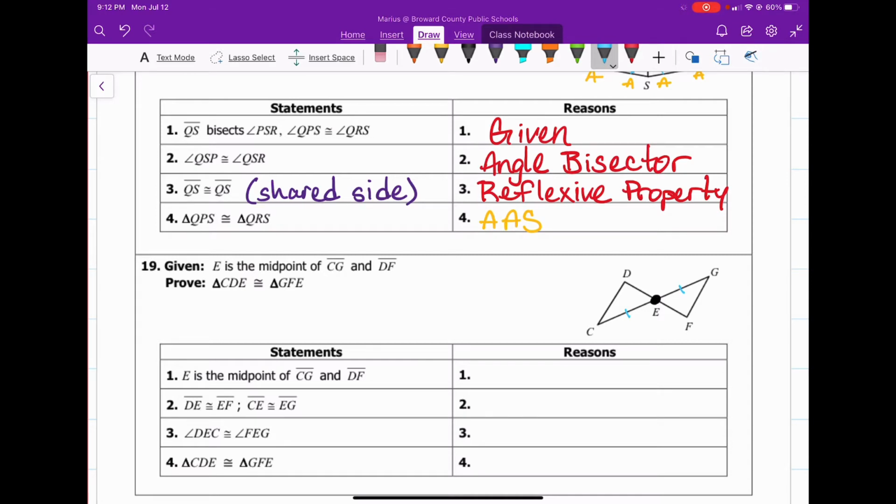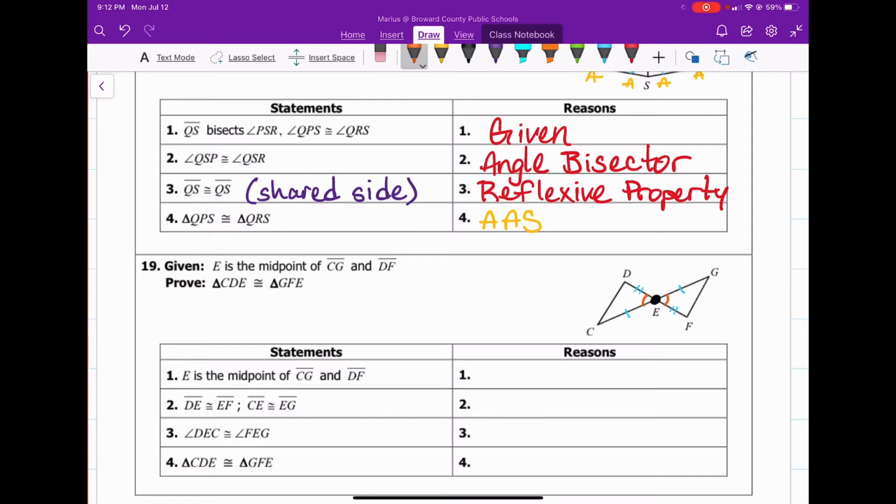And if it's the midpoint of DF, then DE is congruent to FE. What we also have here as a result are our vertical angles. Our vertical angles are congruent right here around the midpoint where they intersect.